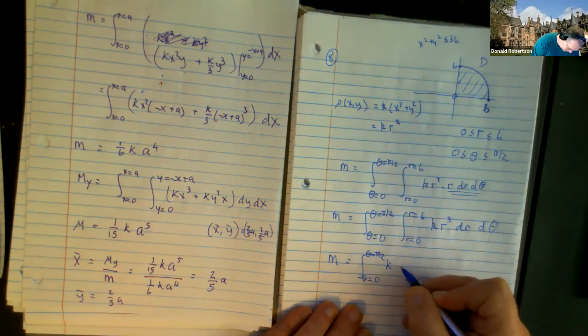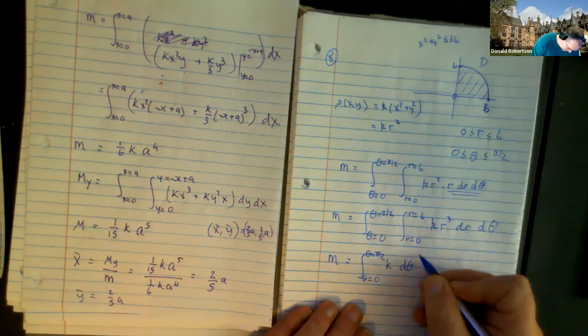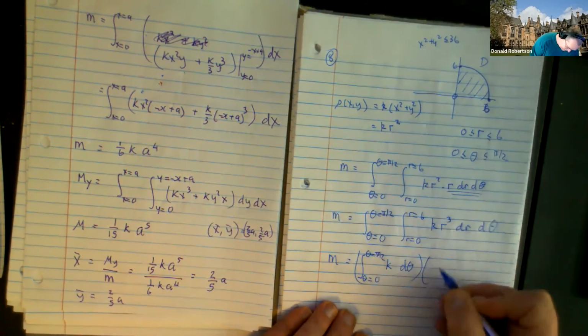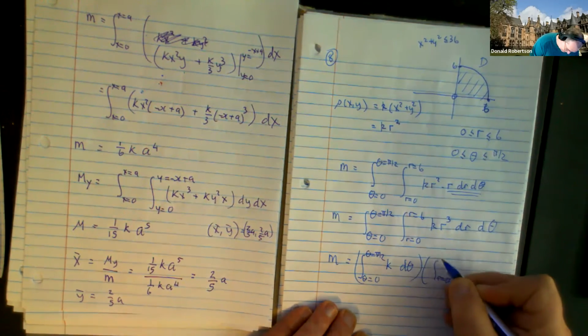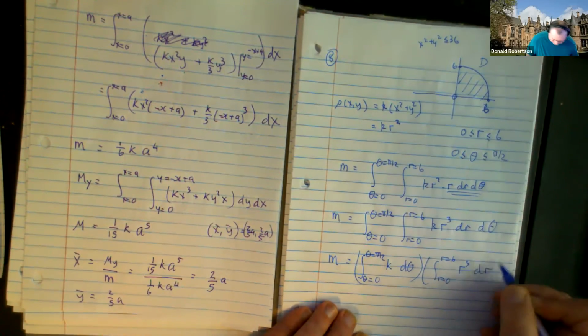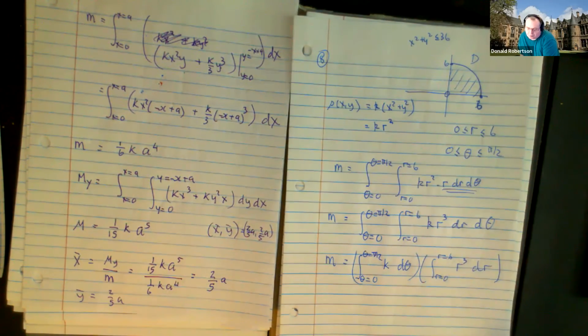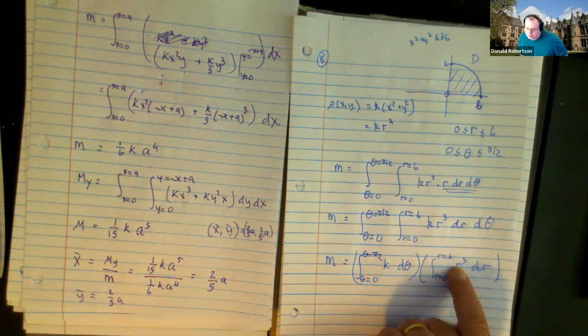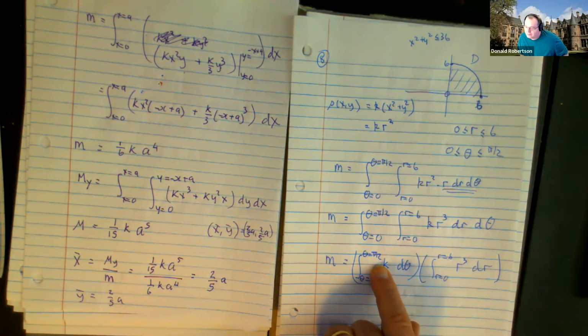This guy is going to get the k, and this guy here is going to get the r cubed. Are you comfortable that since k is a constant, you could give it to either of them? If I decided to call this k r cubed, wouldn't I have to call this 1?